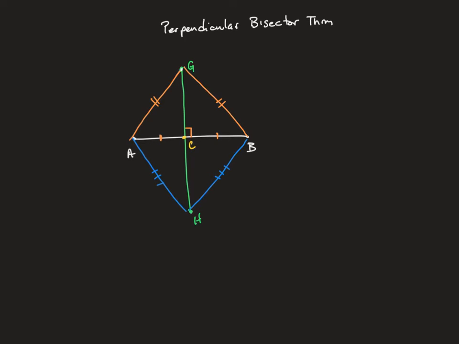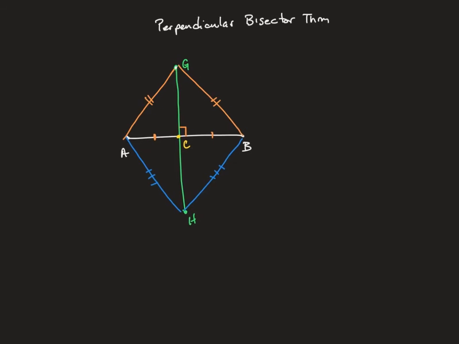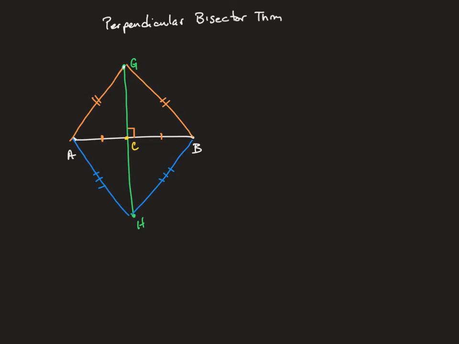But conversely, if a point is equidistant from the endpoints of a segment, that is the converse of the perpendicular bisector theorem.